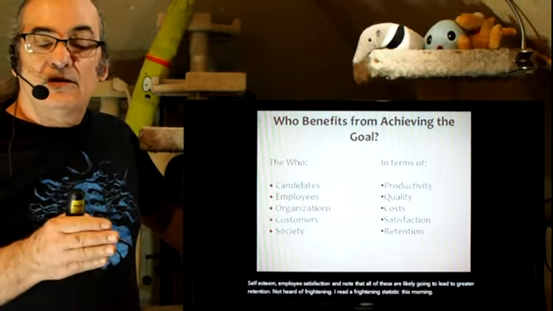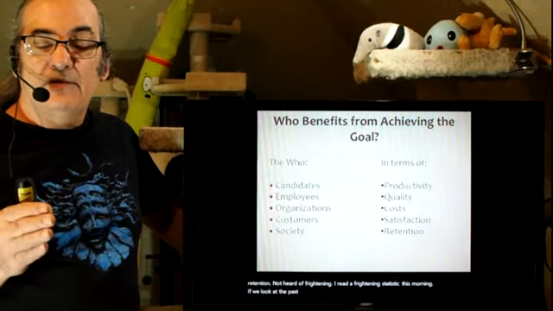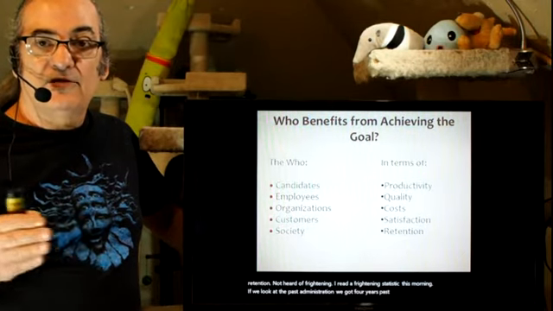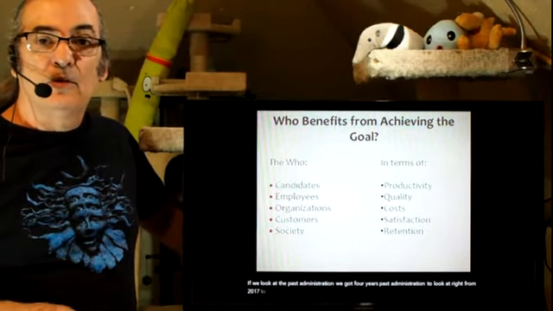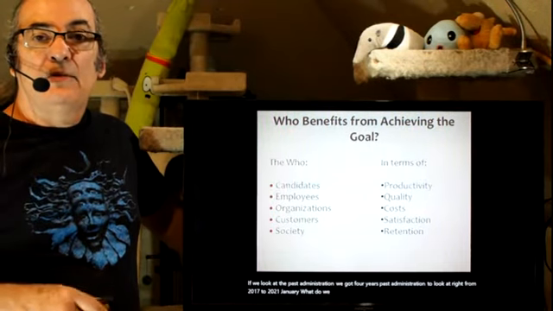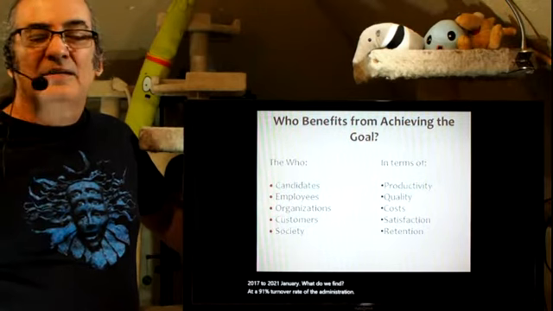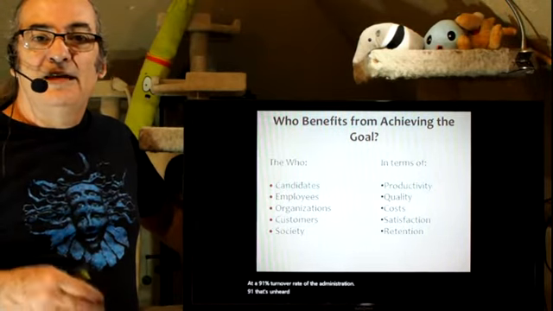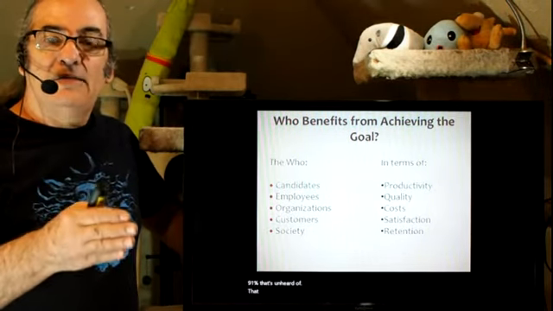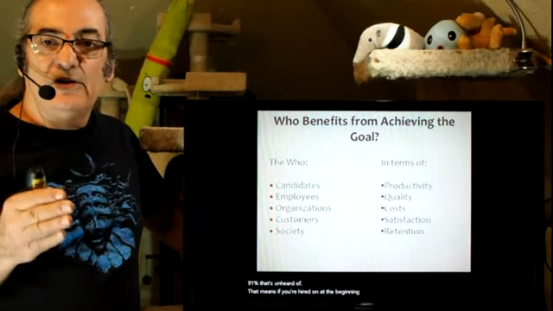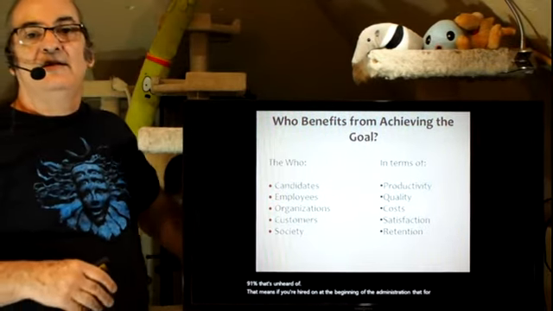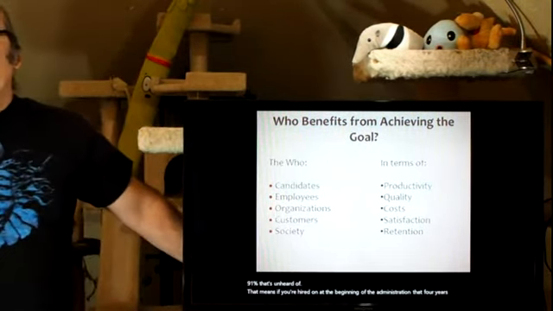If we look at the past administration, we got 4 years of past administration to look at, right? From 2017 to January 2021, what do we find? It had a 91% turnover rate. 91%. That's unheard of. That means if you were hired on at the beginning of the administration, that 4 years is a 9 in 10 chance that you didn't make it to the end.